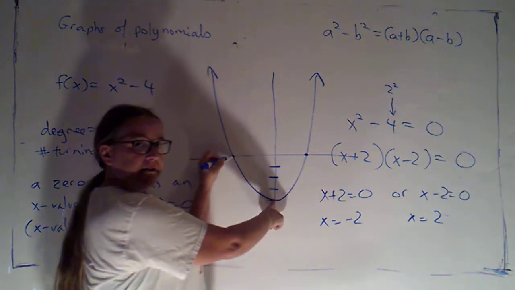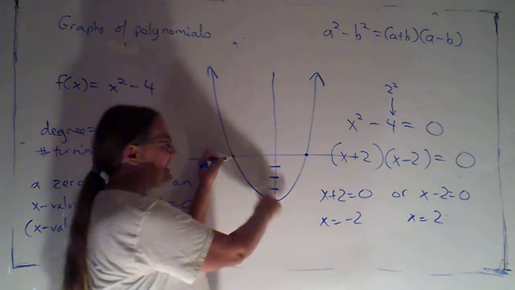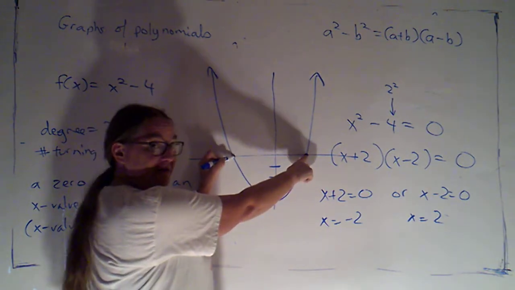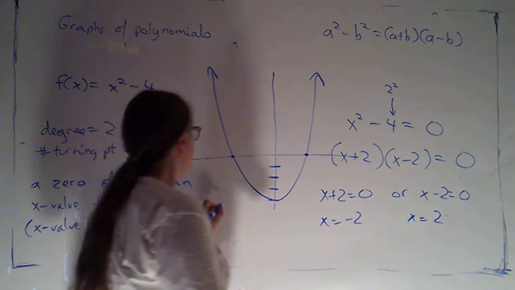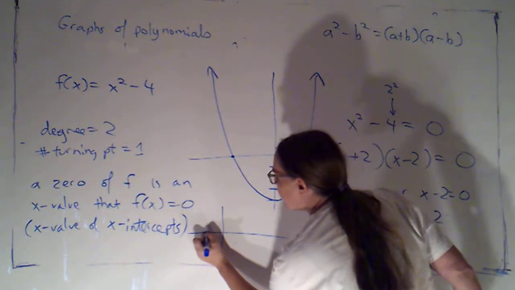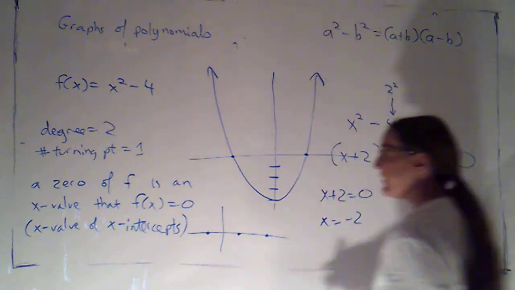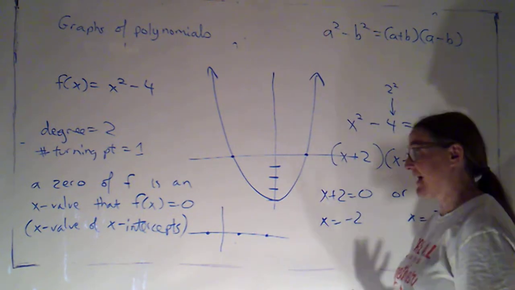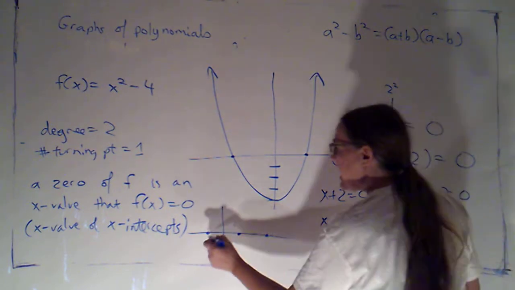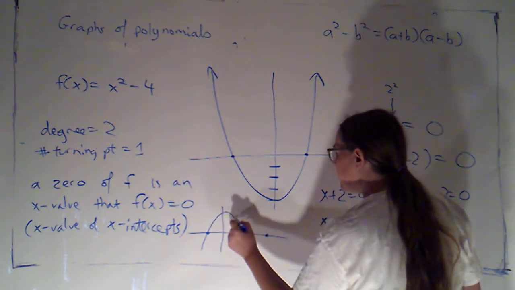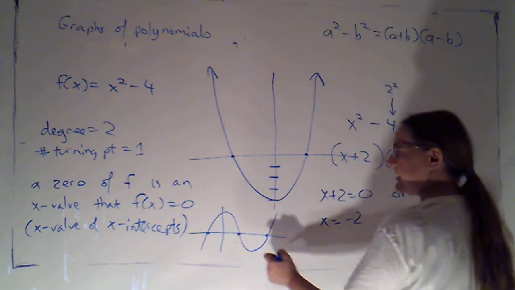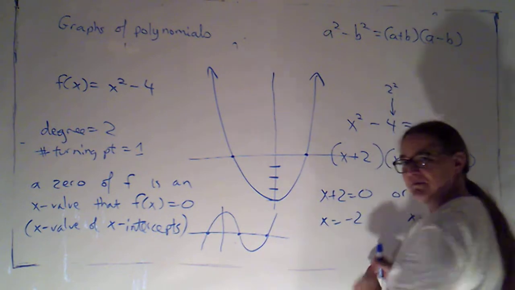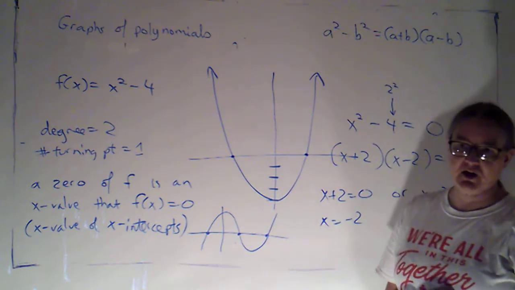Notice the turning point is in between the x-intercepts, whose location is at the zeros of my function. If I had a function with 3 x-intercepts, so there would be 3 zeros that are the x values of those x-intercepts, it's possible that I could have a turning point in between them. 3 x-intercepts gives me 2 places in between them where I could have my turning points.